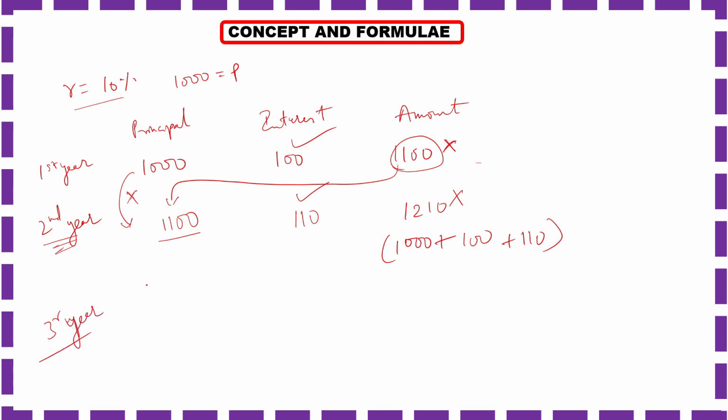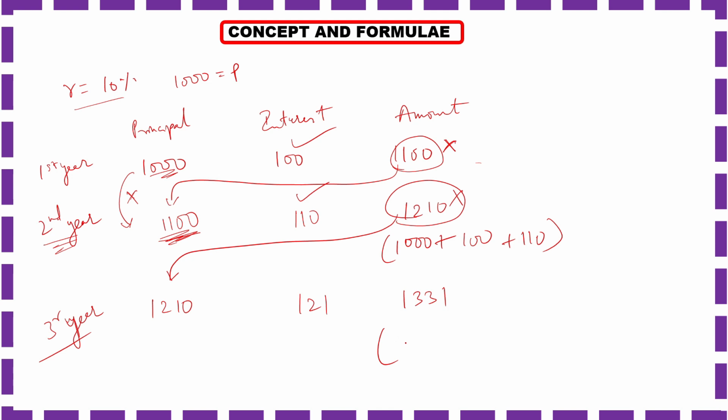Now what is the principal for the third year? It's neither 1000 nor 1100. It's 1210, right? So 1210 is the principal for the third year. And what is 10% of 1210? It's 121. And the amount at the end of the third year that you must pay to your friend is 1331.